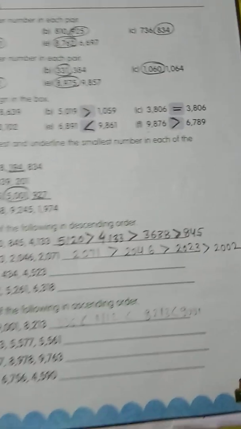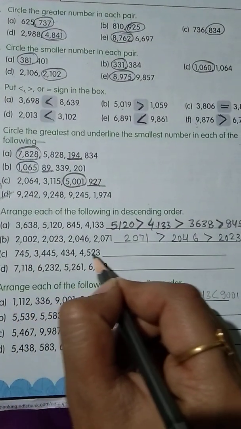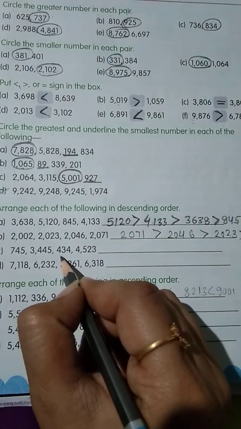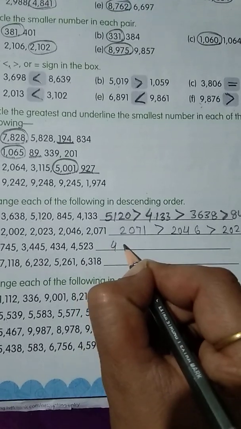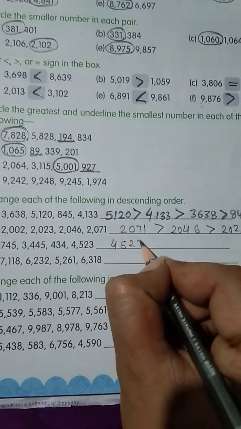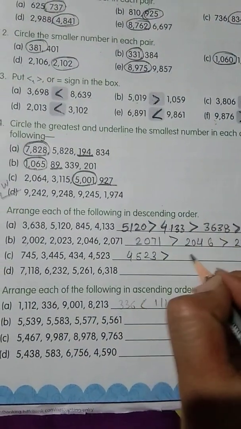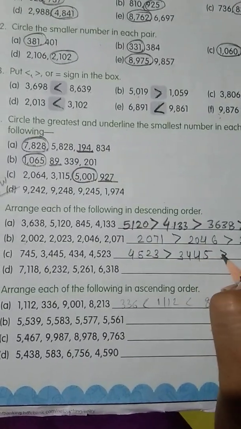Yes. Okay, now we are coming to here. Tell me the greatest one. Here are 700, 3000, 400 and 4000. My dear students, 4523 is the greatest one. After then 3445.